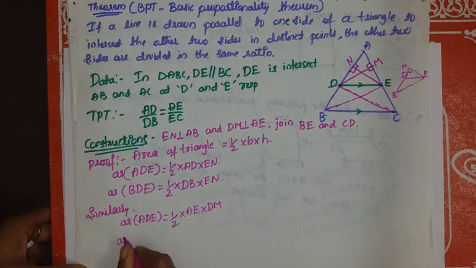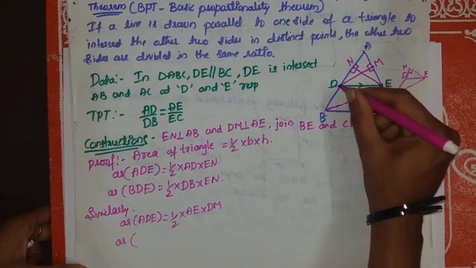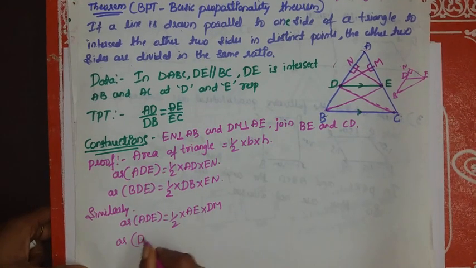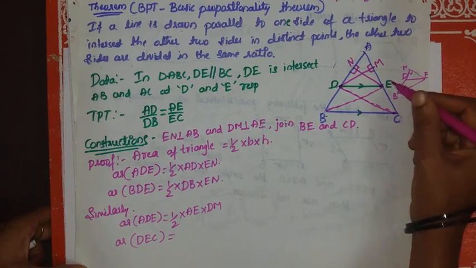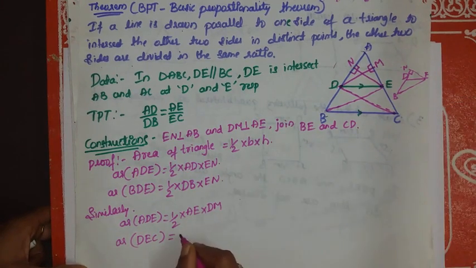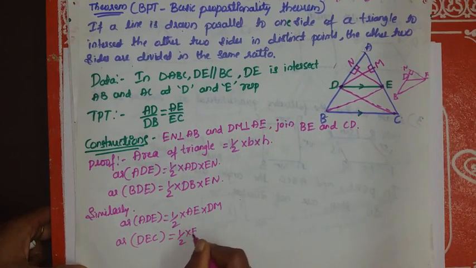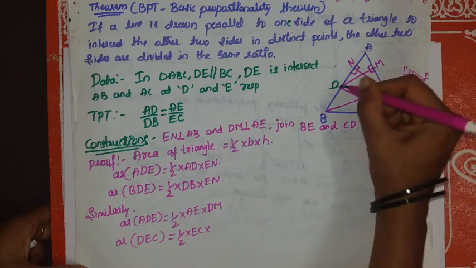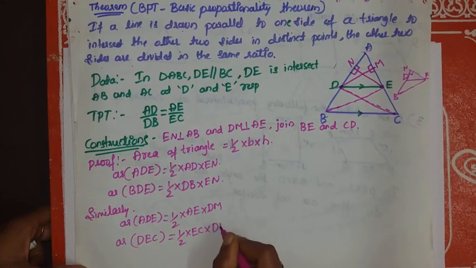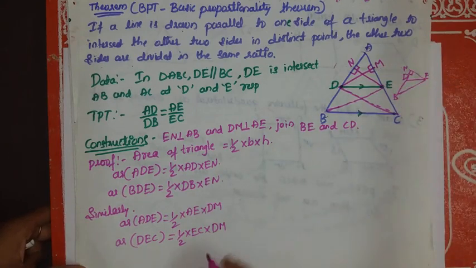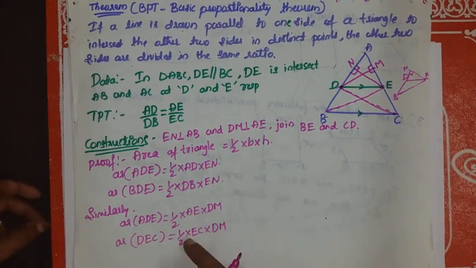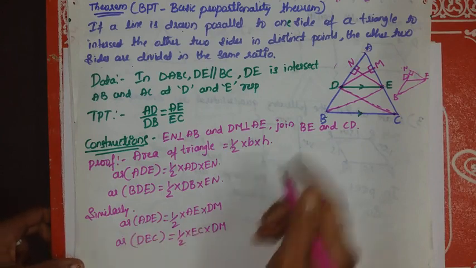Then again I take the below triangle DEC. The area of DEC is half into EC as base, and the height for this is again DM. So for DEC the height is DM.